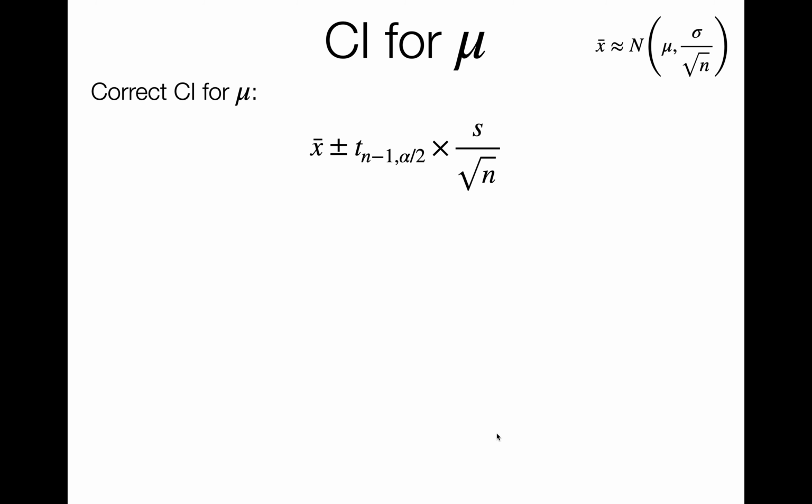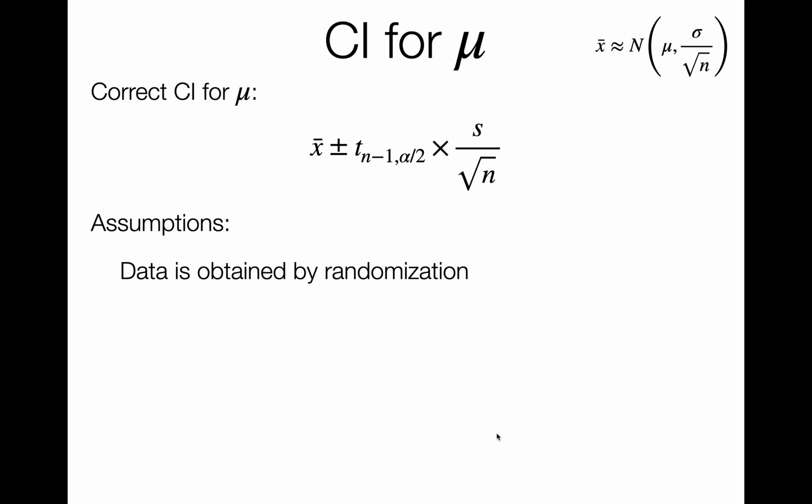So keep that in mind: t distribution with n minus 1 degrees of freedom, alpha over 2 area to the right. The assumptions for the confidence interval are, again, that the data is obtained by some form of randomization, whether it's random sampling, and so on and so forth.